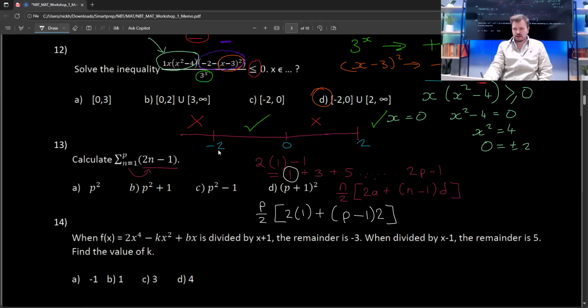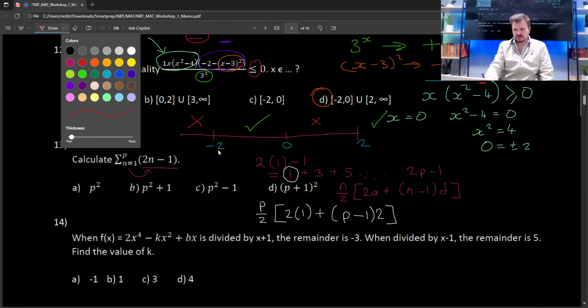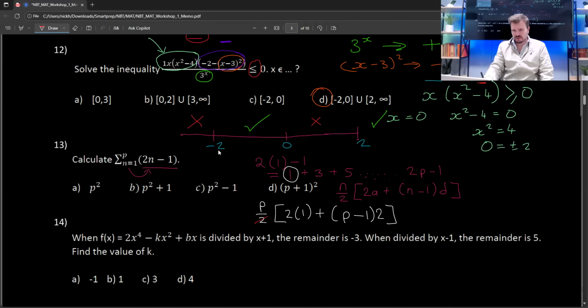And so if I was to multiply this out, the P times the 2 would cancel, and then the 2's all cancel. What you end up getting is P times 1, which is P. P times P, which is P squared.